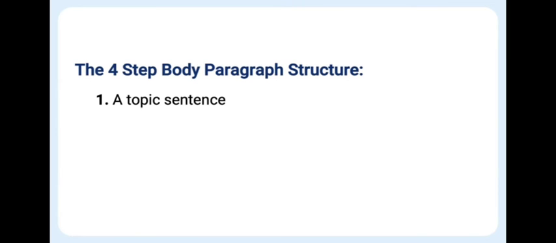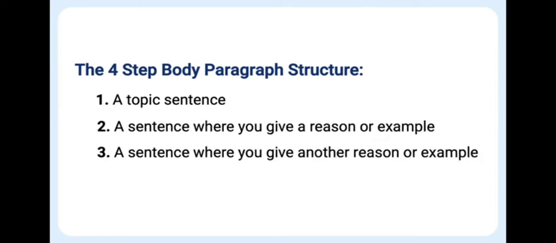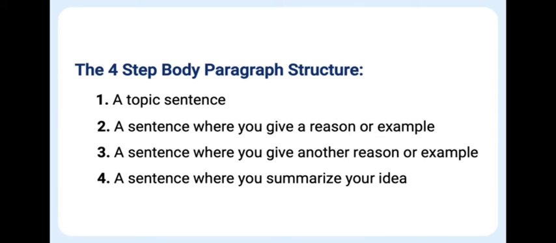Your body paragraphs have an opening or topic sentence where you introduce the main idea, give reasons and examples, and then wrap up with a final sentence. Then, in your conclusion, you mirror your introduction and you write, "In this essay, I," whatever, argued, discussed, showed, etc. And you simply finish with your personal opinion. Job done. Cool. Hopefully that clarifies what an essay is and how to write it. Now you can get started.